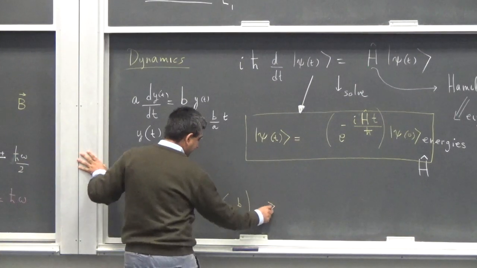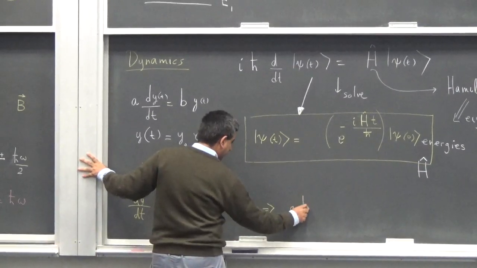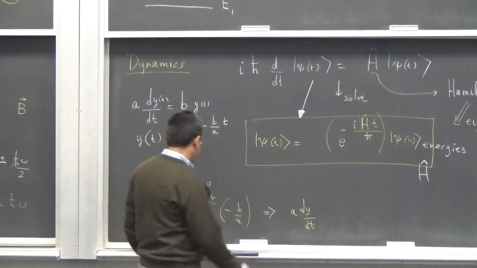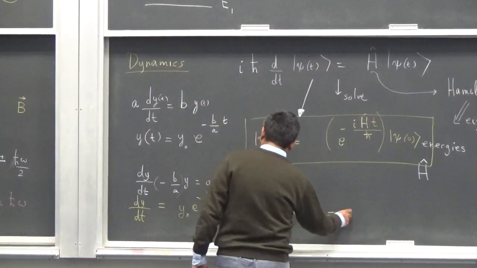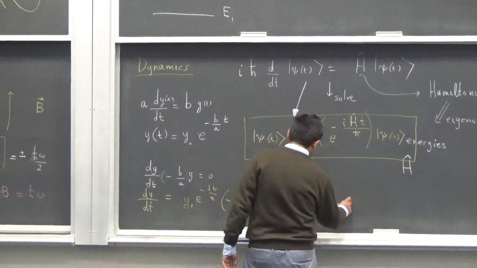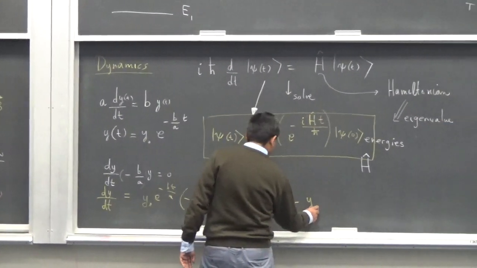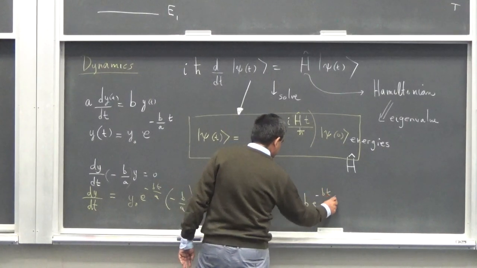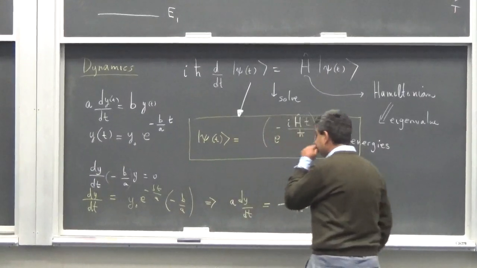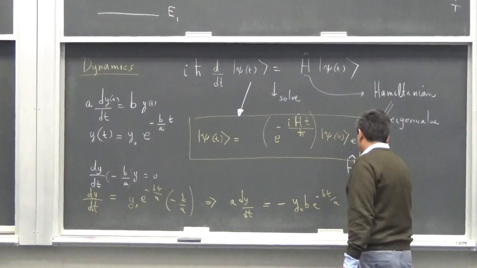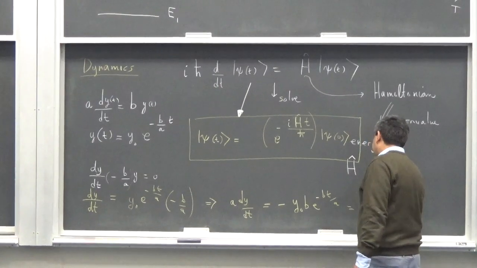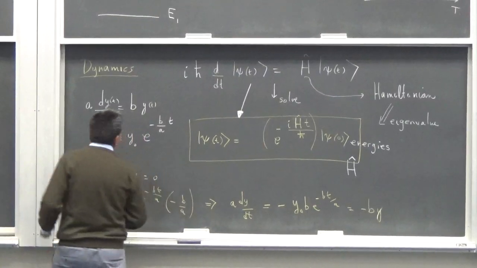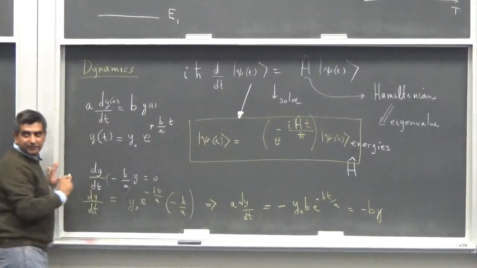So this is a dy over dt, a dy over dt equals minus y naught b e to the minus bt over a, but y naught, so this is minus b by, alright, so this should be plus.